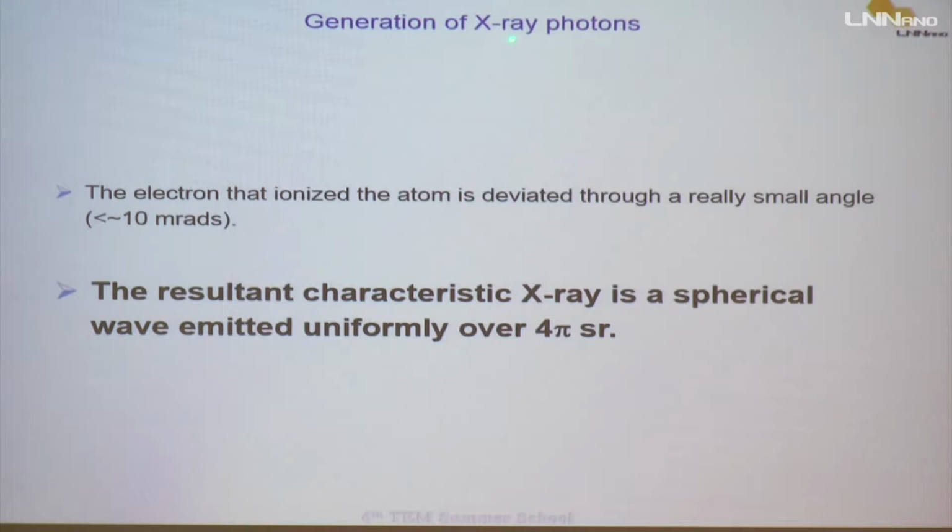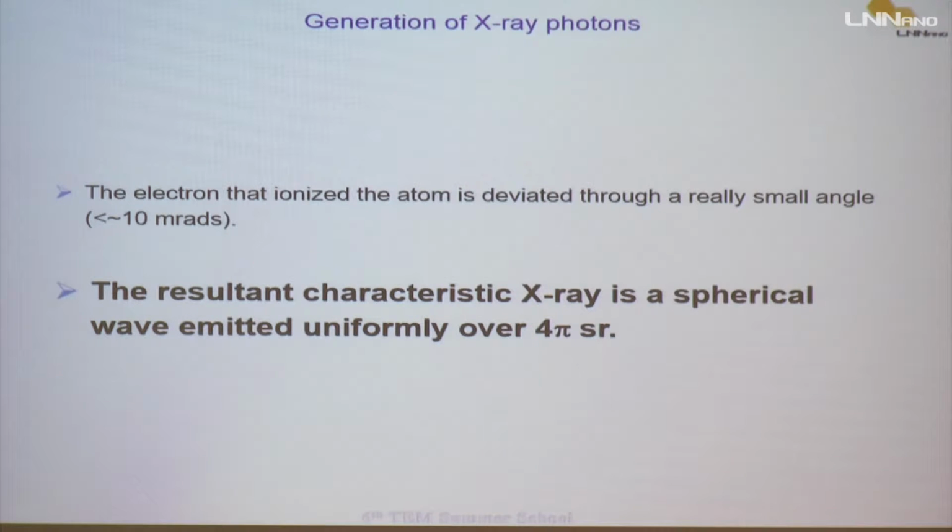For the generation of X-ray photons, you ionize your atom. The electron will be deviated from the beam by a very, very small angle. If you collect this electron, you can keep the resolution in space, because it was deviated by a very small angle, and you have all the possibilities of EELS spectroscopy with this electron.